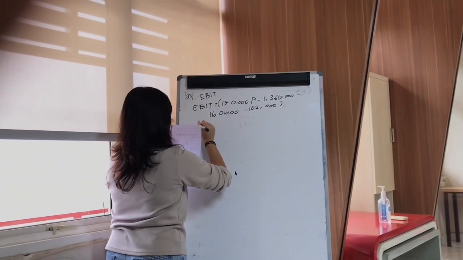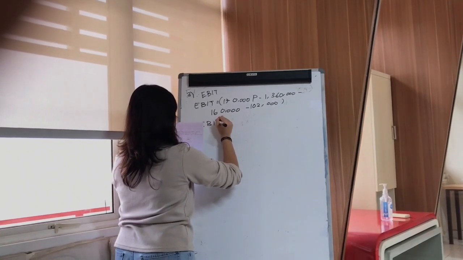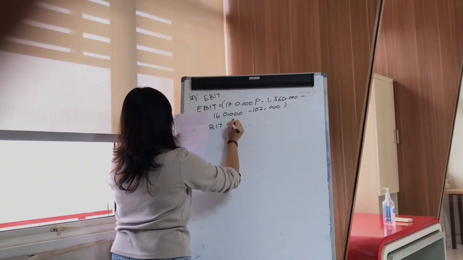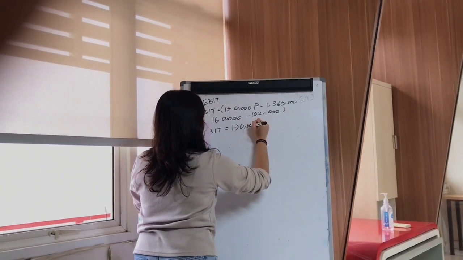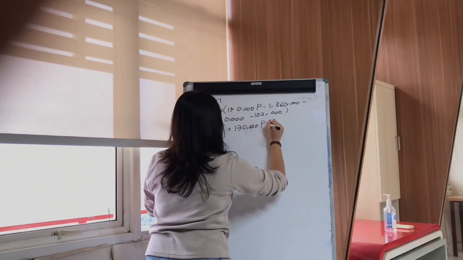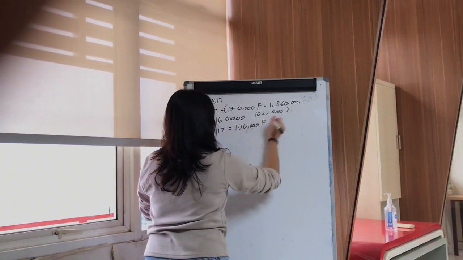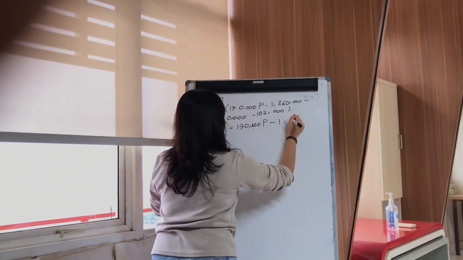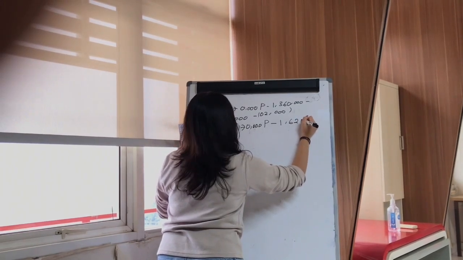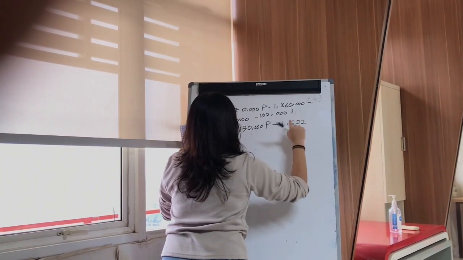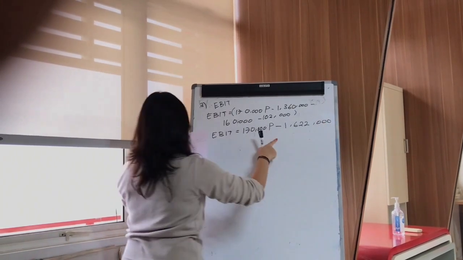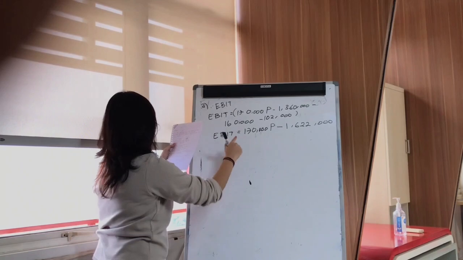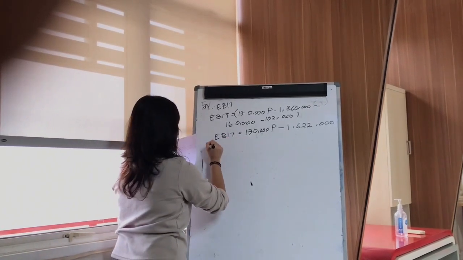After doing the calculation, we get 170P minus 1,622. That is the EBIT, and now we move on to taxes.